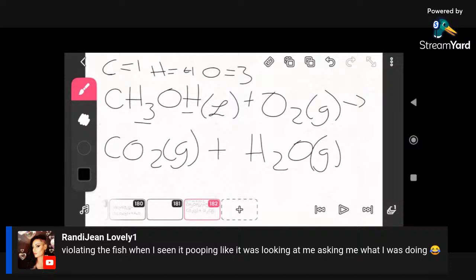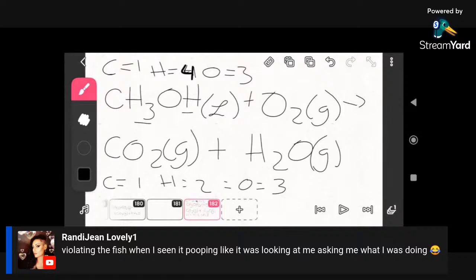And then on the right side of the equation, we got one carbon. For hydrogens, we got 2. And for oxygens, we got 3.